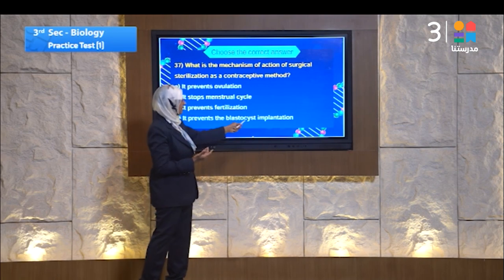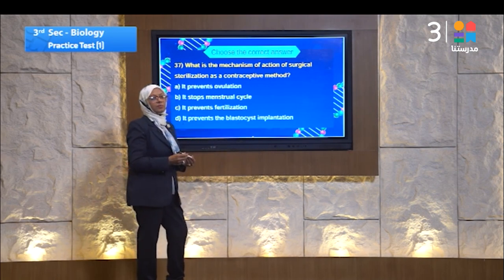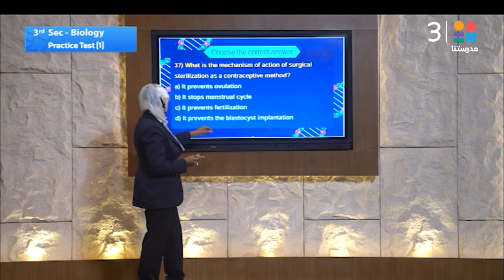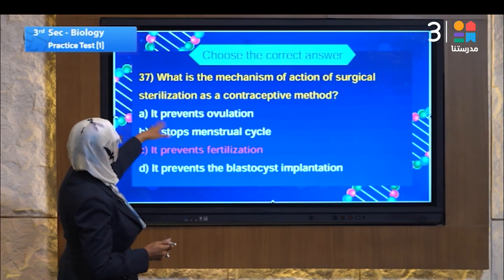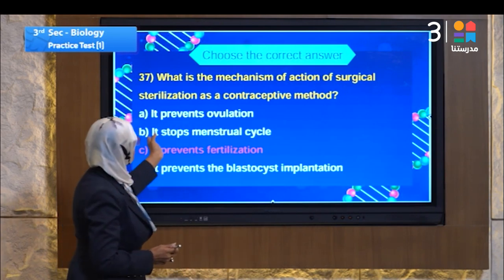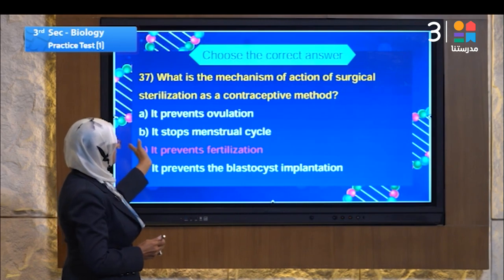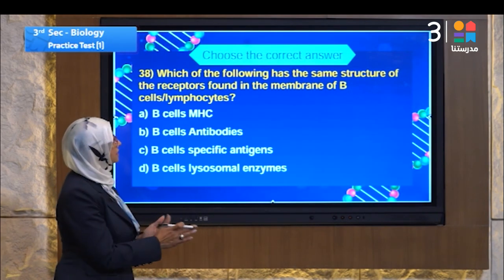The blastocyst implantation is done inside the uterus, so it will not be affected by it. So the answer must be C, it prevents fertilization. That's the mechanism of action of surgical sterilization in this method.